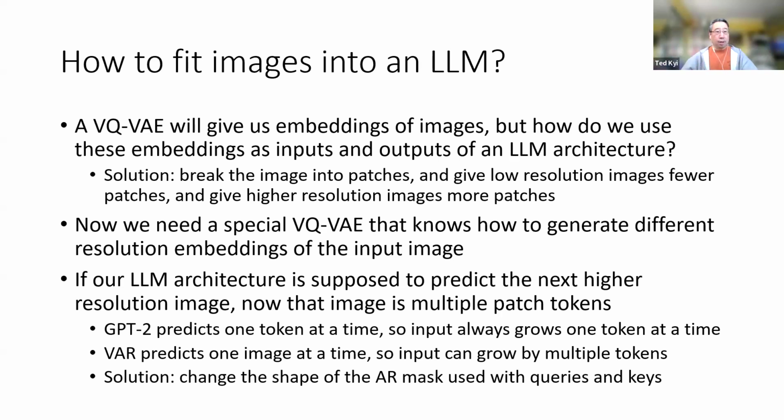Okay. And basically what you can do is change the shape of your autoregressive mask, so instead of being purely diagonal, you have it be block diagonal. When I have 5 tokens in my context and I'm predicting 9 more, so what is that, 6 through 14 or something like that, I'm going to change my mask so that tokens 7 through 14 can still only see the first 5. They cannot see token 6.